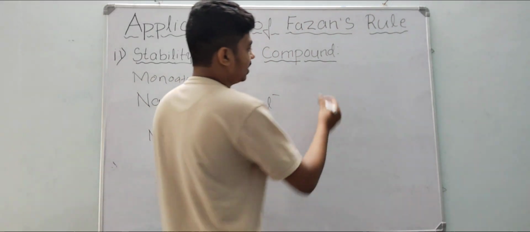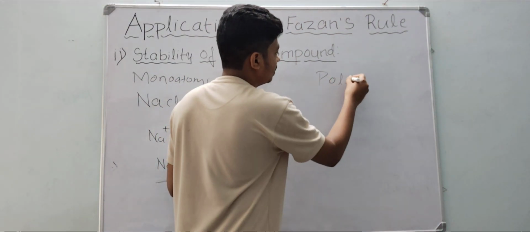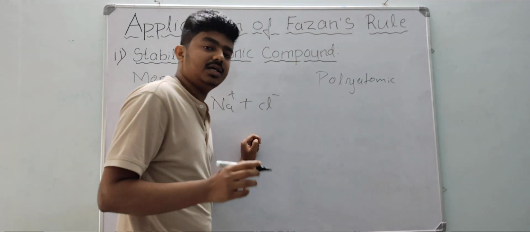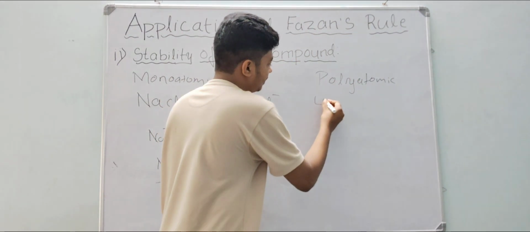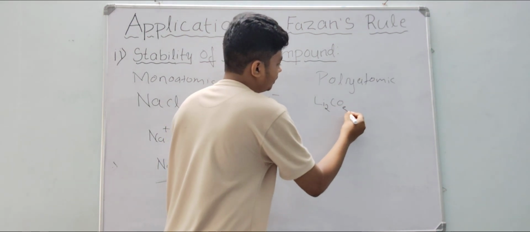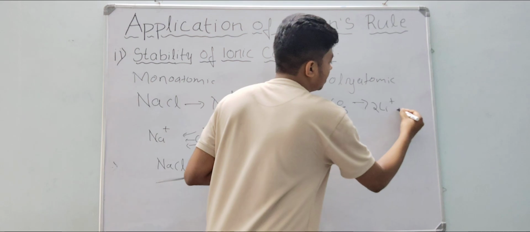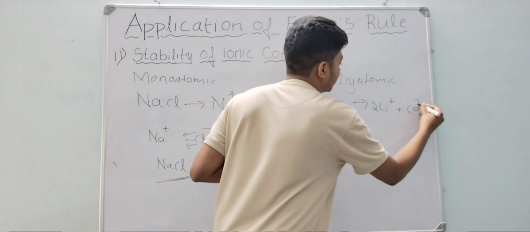In the case of a polyatomic anion, consider lithium carbonate. That is 2 Li plus and CO3 2 minus.